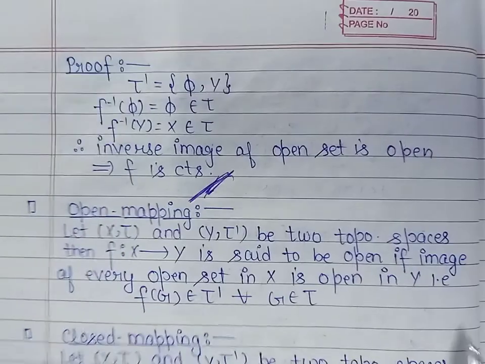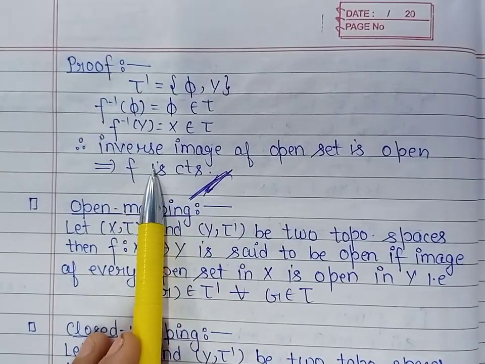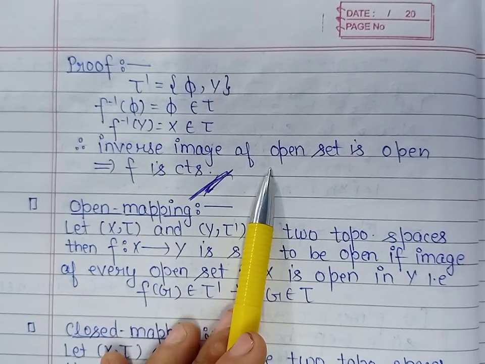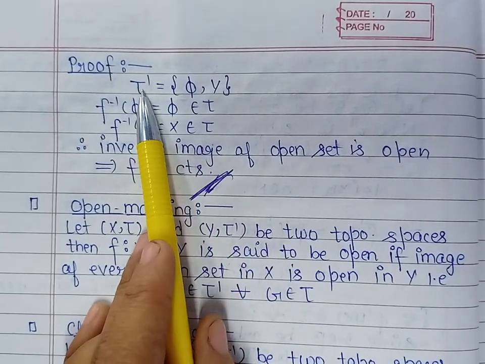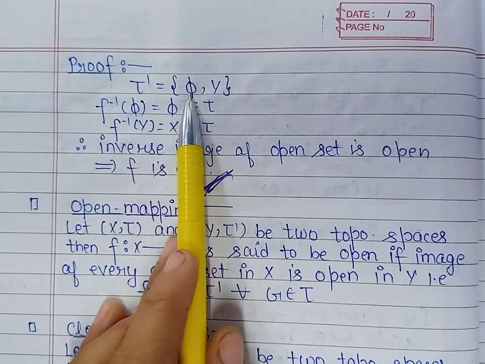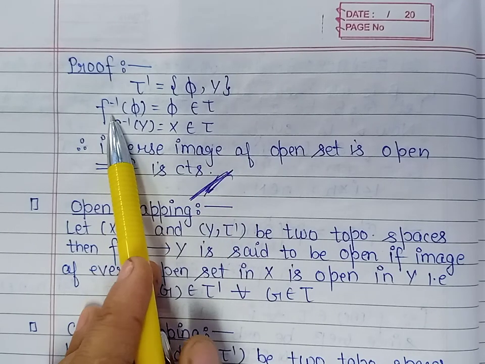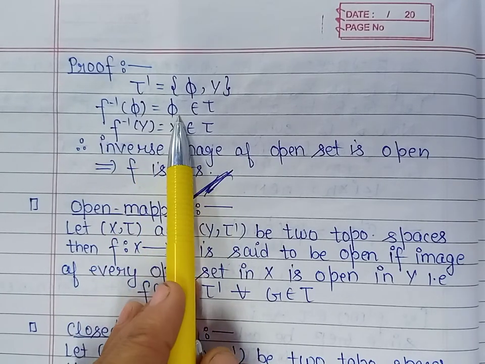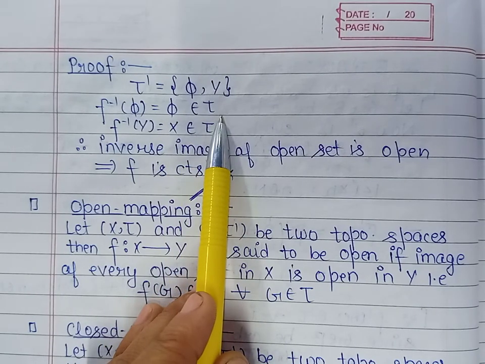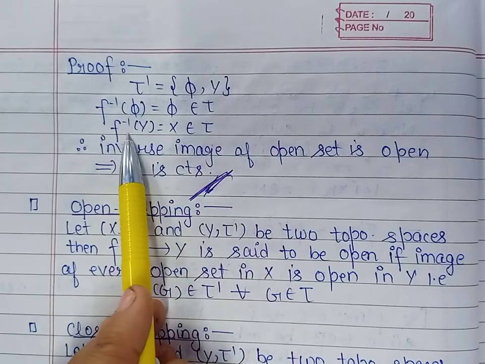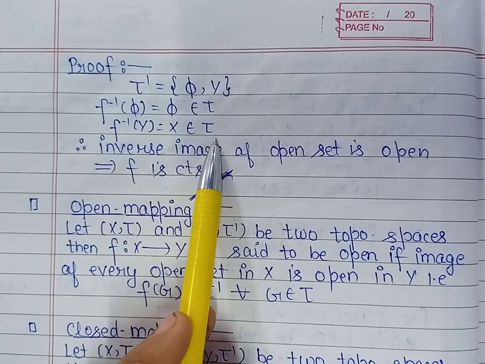In order to prove it continuous, let us find the inverse image of every open set in Y, and we prove that it is open in X. Now because in this topology there are only two members, phi and Y, if we find their inverse images, f inverse of phi is phi, and phi already belongs to the topology tau, and also f inverse of Y is the whole space X, and X belongs to the topology tau.